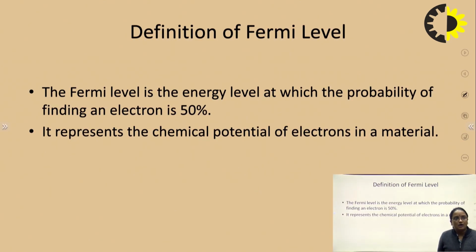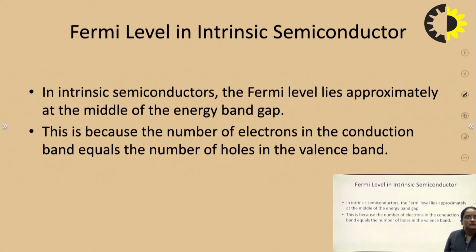This is the basic definition of Fermi level, which I had discussed earlier also. That is, Fermi level is the energy level where the probability of finding the electron, or the occupancy of electron, is almost 50%. Fermi level in case of intrinsic semiconductor: it is lying exactly in between your conduction band edge and valence band edge, and we can say that in this case the number of electrons is exactly equal to the number of holes.